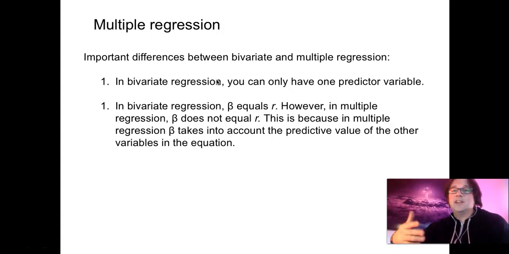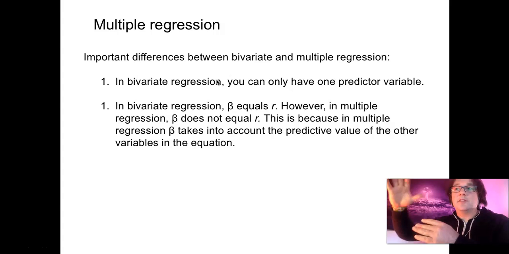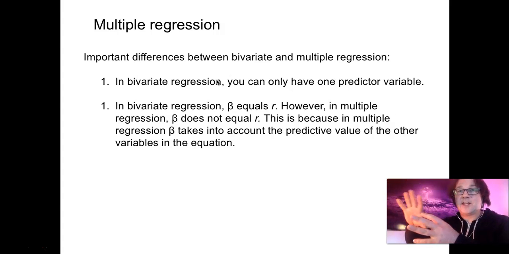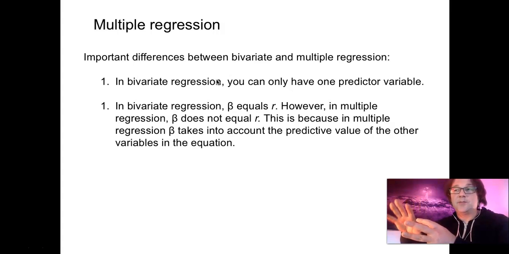Okay, if I square that, well, in that case, yeah, I could square that and say, you know, this proportion of my y-scores is being accounted for by my SAT scores.